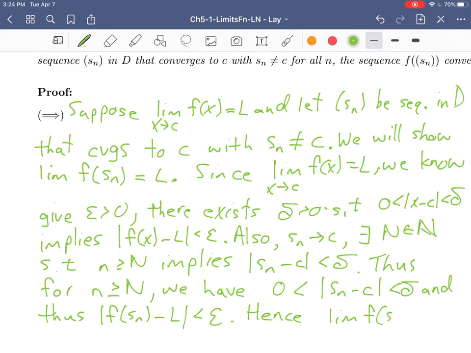Hence, the limit of this function is, in fact, equal to L.